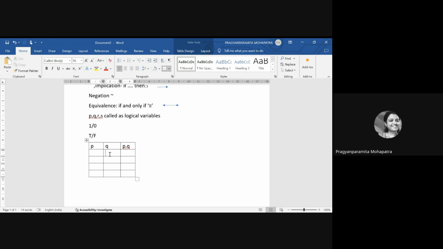Here P is a simple proposition, Q is a simple proposition, and we are having a compound proposition P conjunction Q. Okay, and the simple proposition Q will have the combination of truth and falsity as one true, one false, one true, one false.